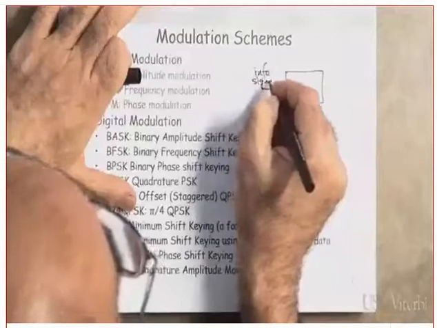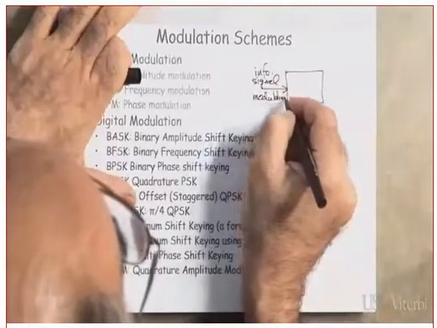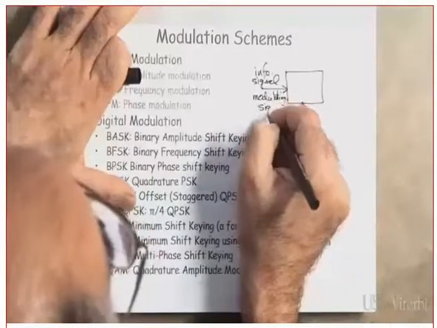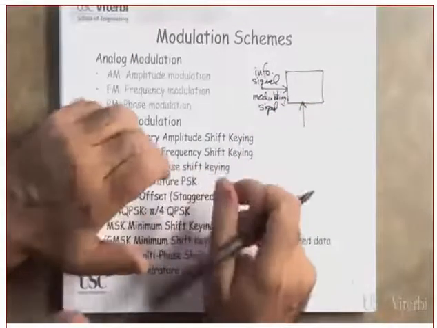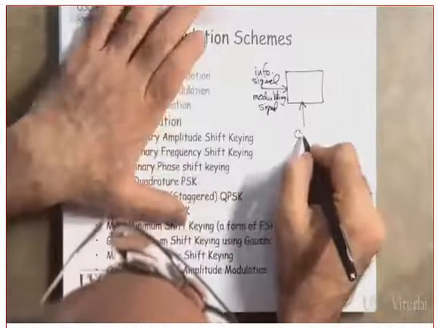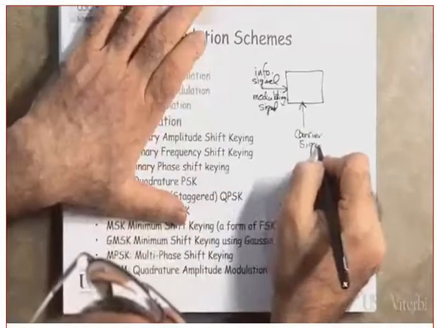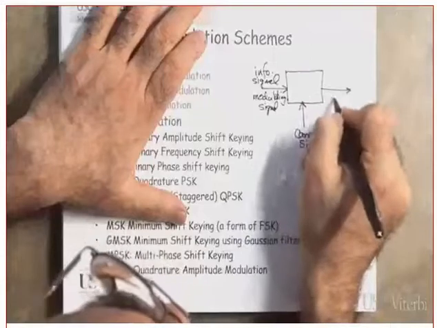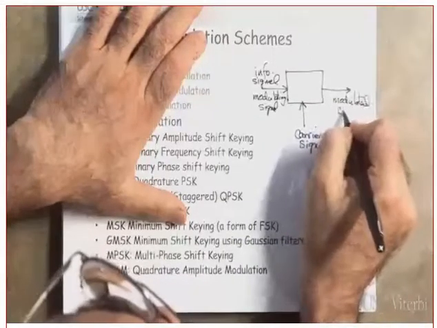Another name is the modulating signal. Another name of it, of course, is the baseband signal. And then I have the carrier signal, and I get the modulated carrier.